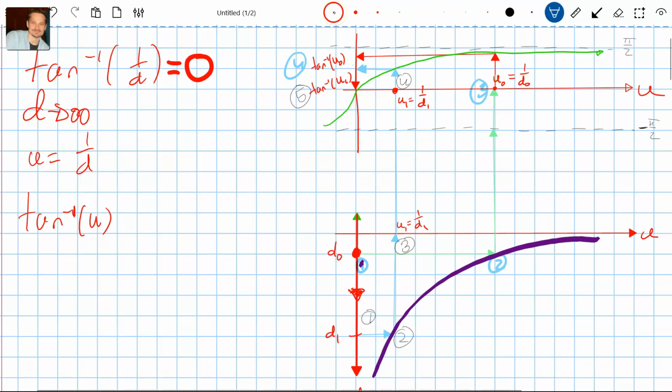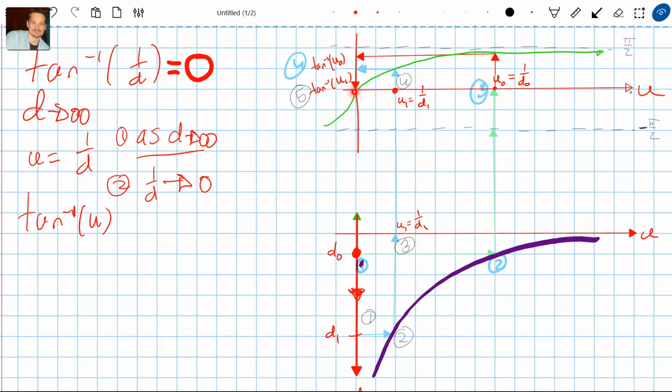So I can also describe it by saying, using our graphs, that the following is true. Okay, so as d approaches positive infinity, that's a statement about the vertical axis right here. Okay, so d is traveling down this axis. As d approaches positive infinity, then next, I'm going to call this 1, the next statement would be that 1 over d approaches 0. So 1 over d approaches 0 is a statement about the values of u, because u is 1 over d. So u moves this way, okay?